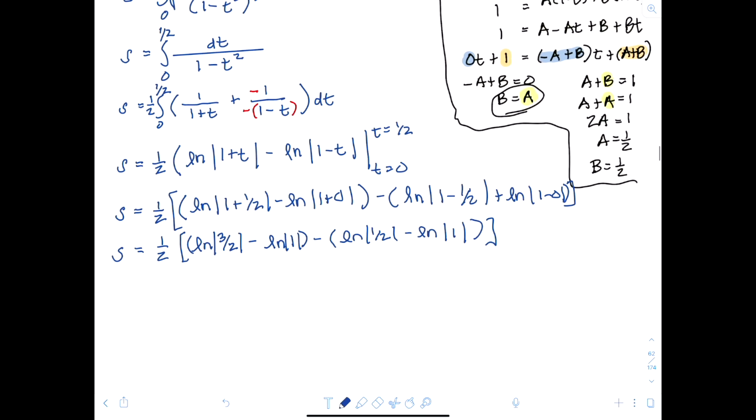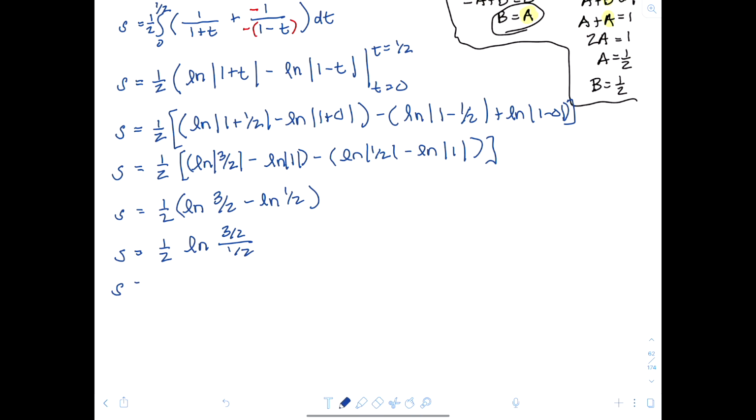Well, natural log 1 is 0, so we're going to end up with S is equal to 1/2 times natural log of 3/2 minus natural log of 1/2. But using properties of logs, that is 1/2 times natural log of 3/2 divided by 1/2.